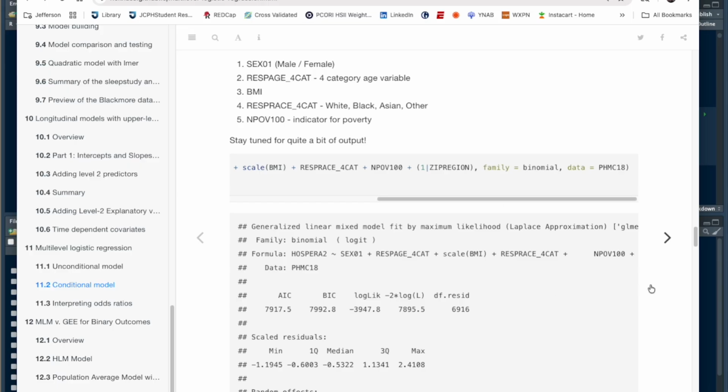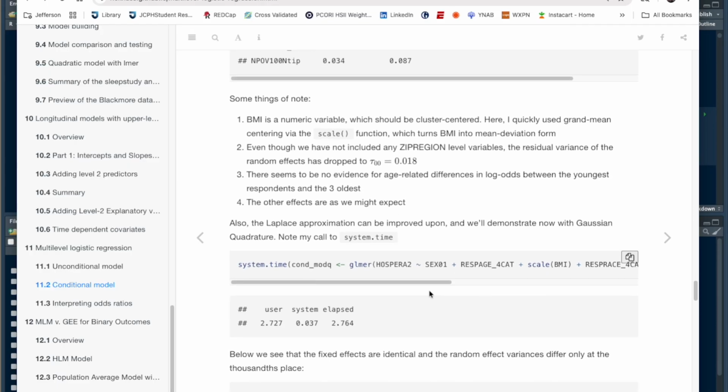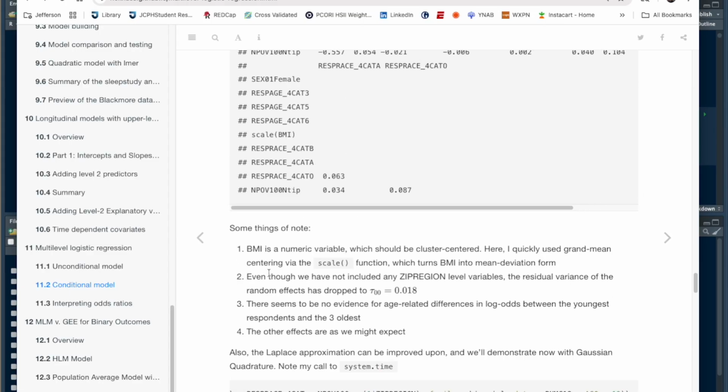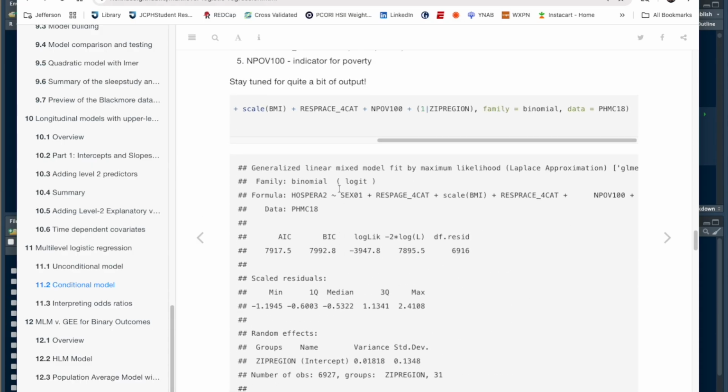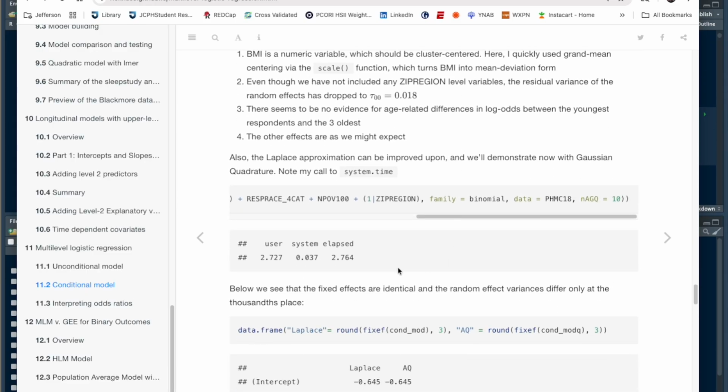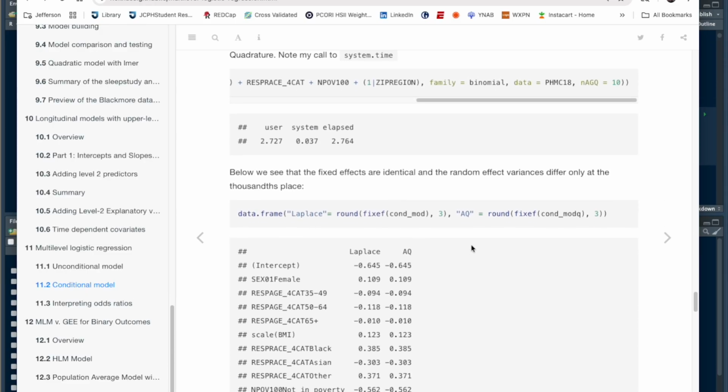If we leave off this NAGQ, which is basically the number of adaptive Gaussian quadrature points, which I've set to 10 here, a decent amount, then the default is to not use quadrature and to use the Laplace approximation, as it says here. I'm just showing you that for all intents and purposes, it probably doesn't matter what you use. If you want to get fancy, you can use quadrature.